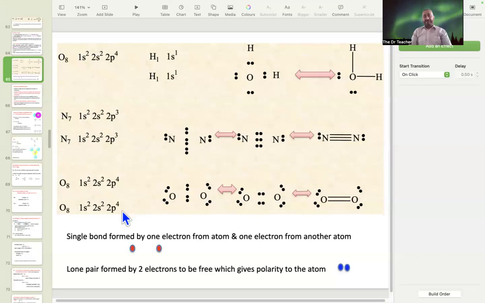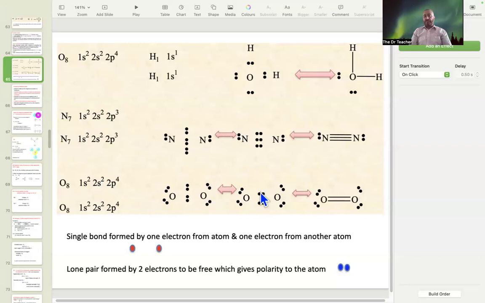So 8 electrons, 10, 12 electrons. We have in total 12, 6 from here, 6 from there. What can they do? 4 of them from the p orbitals will form 2 single bonds.